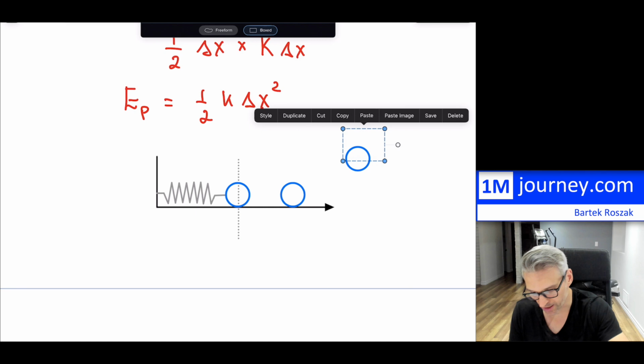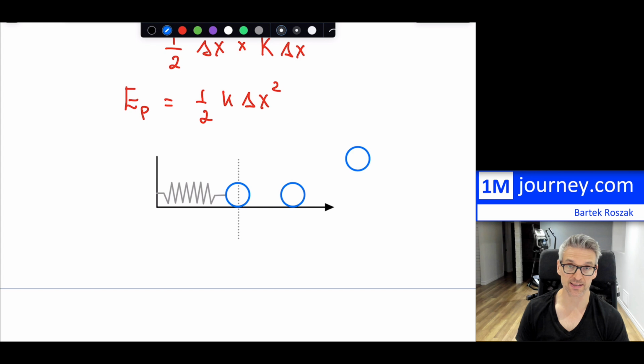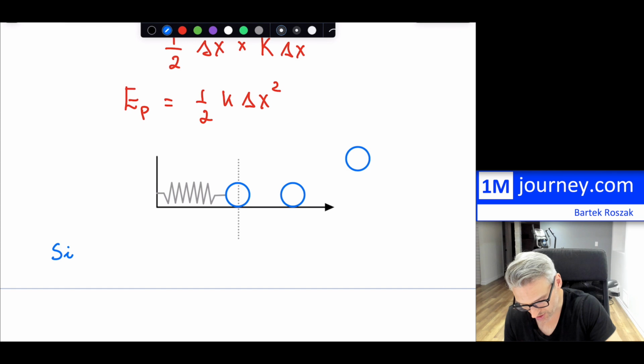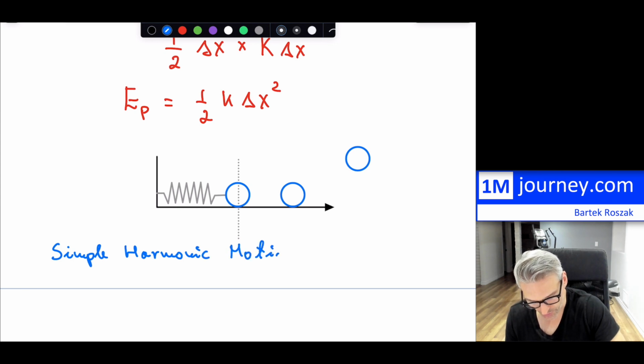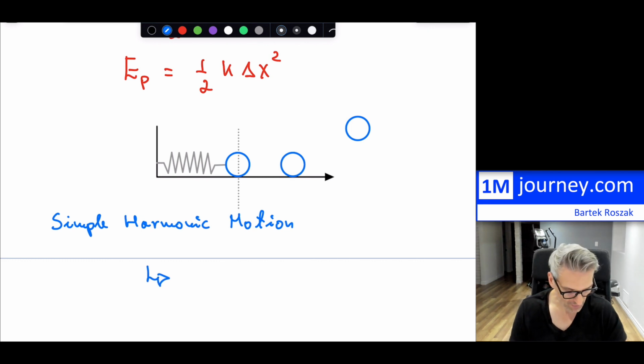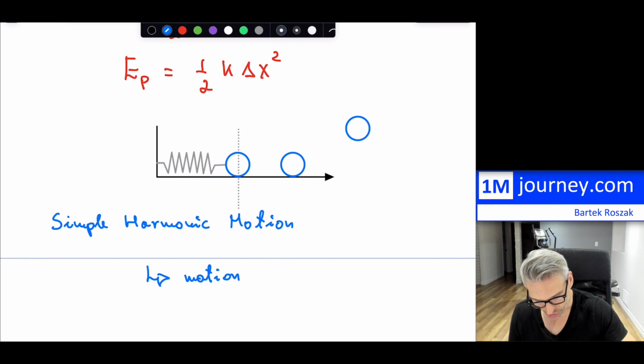Simple harmonic motion is based on one thing. It's not necessarily just to do with springs. It's to do with anything in nature. But when we say simple harmonic motion, what we are referring to is any type of motion that you observe where your acceleration is proportional.